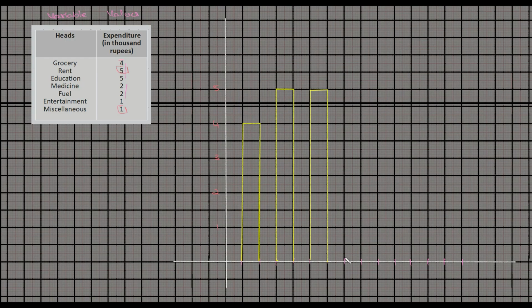Then medicine, that's 2. Then fuel, that's also 2. Then entertainment is 1, and miscellaneous is 1. So this is your variable and values.